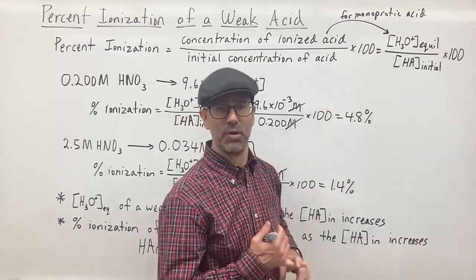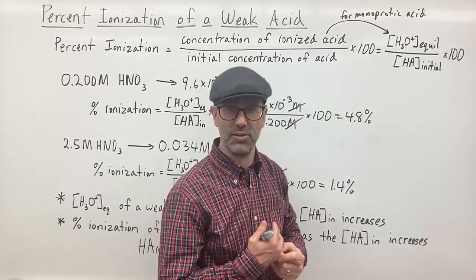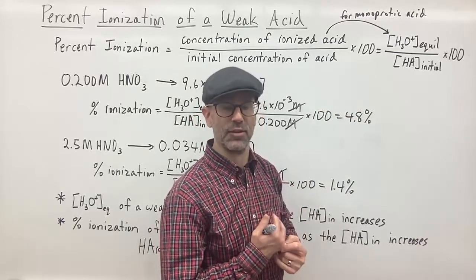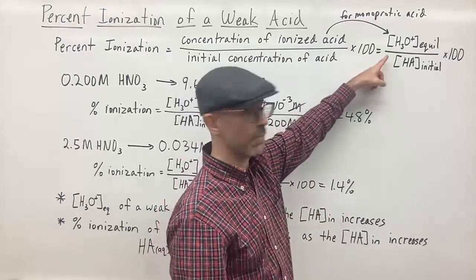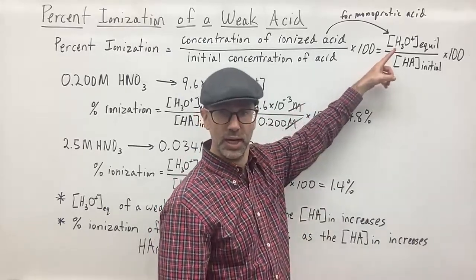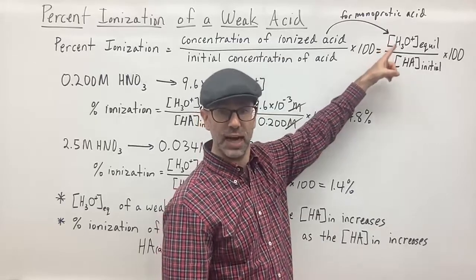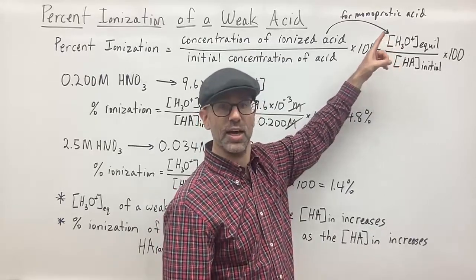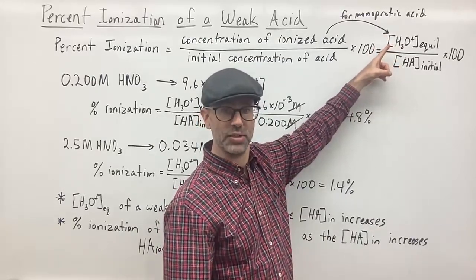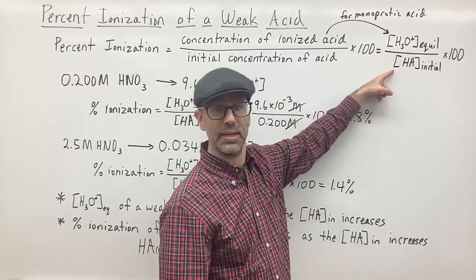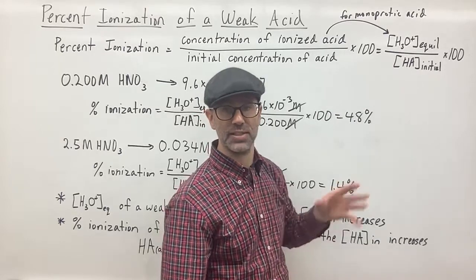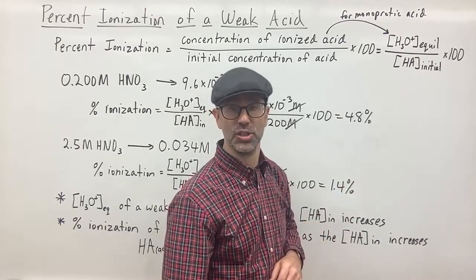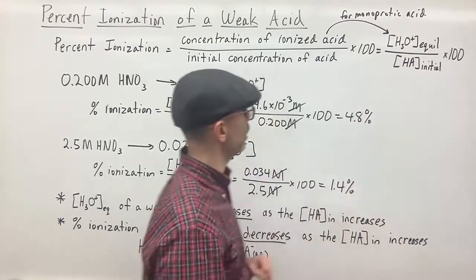If it's a diprotic or triprotic weak acid, that gets a bit more complicated. So for a monoprotic weak acid, we can take the H3O plus concentration at equilibrium over the concentration of the acid initially started with, and then multiply that by 100.